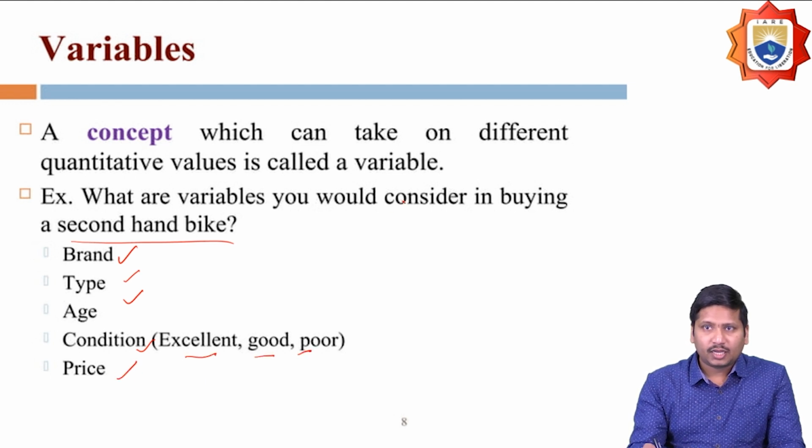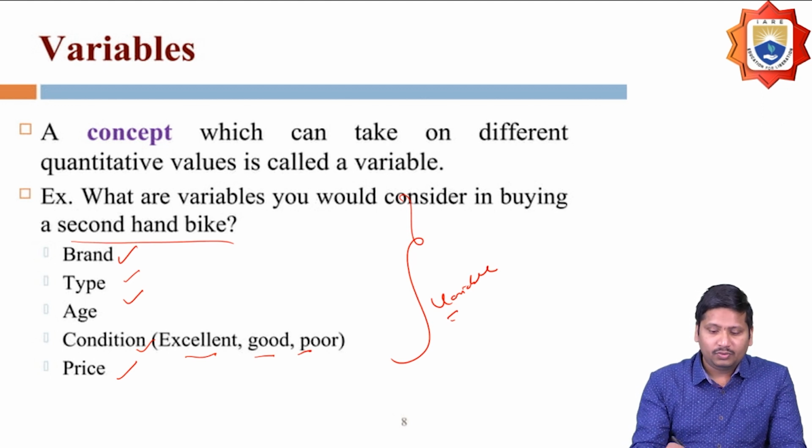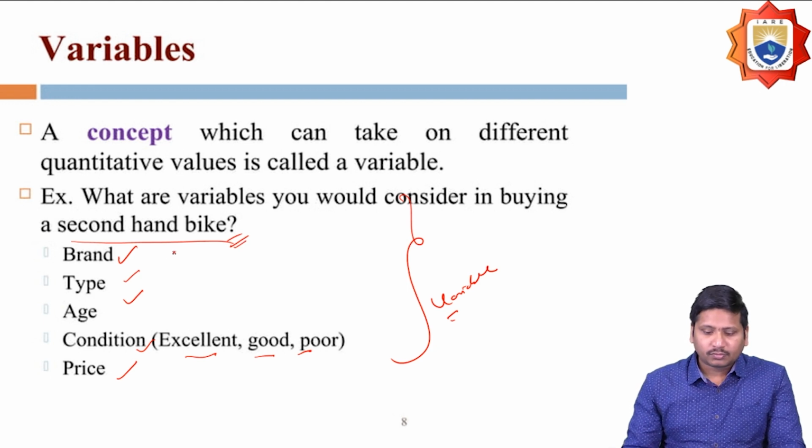So like this I can define the variables from an example. The concept which can take different quantitative values is nothing but a variable. If I take the second-hand bike, it has type, color, brand, age, condition, price, etc.